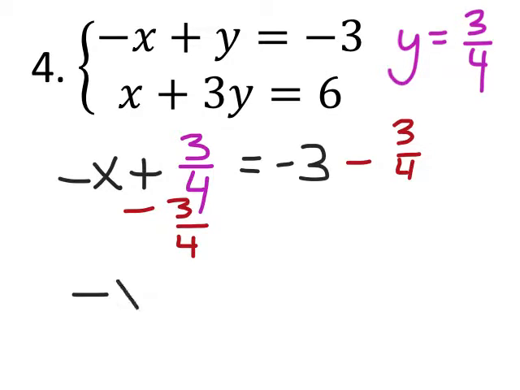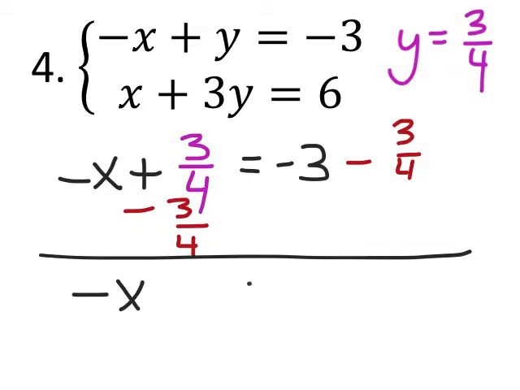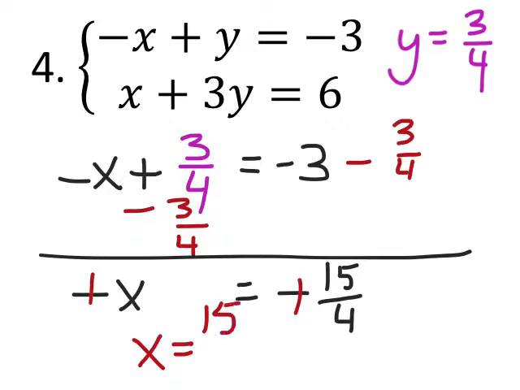And I end up with negative x equals a negative, I'm going to make this an improper fraction, and it'd give us a negative 15/4. Well, to get rid of that negative, I just need to change both the signs, and we see that x is 15/4.